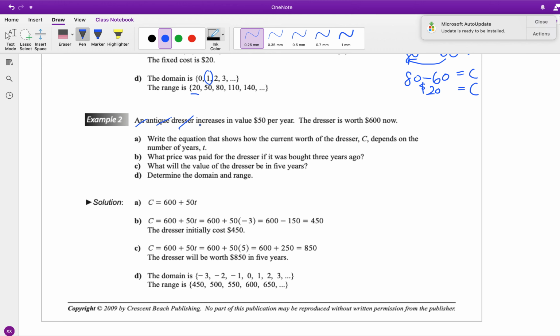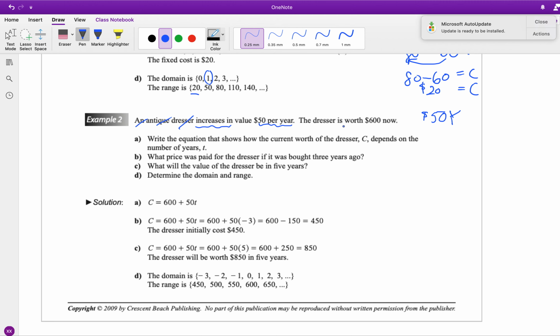It basically says increases in value $50 per year. So then you already have a rate, right? So your slope is $50 per year. And depending on how many years, this increase will just keep increasing, right?